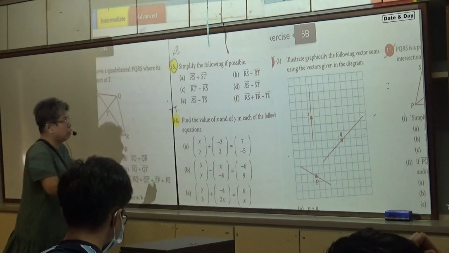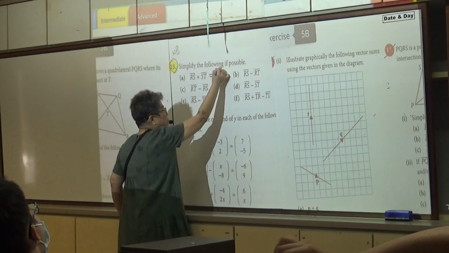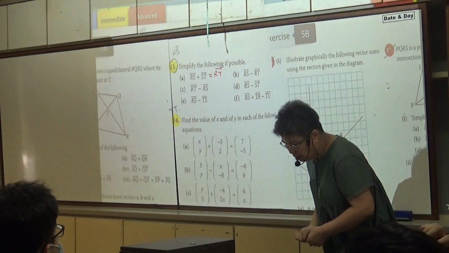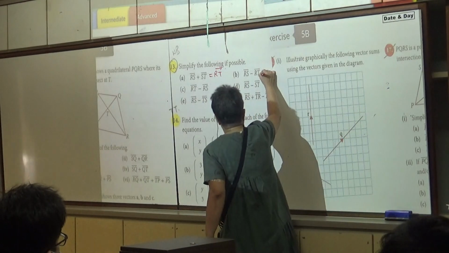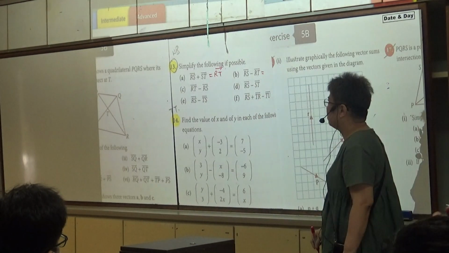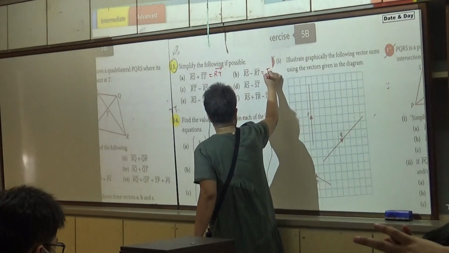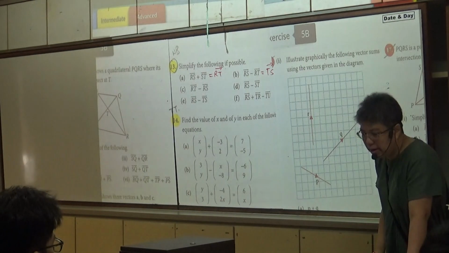Hebron, what's your A answer? RT. Must remember to write the RT. I just want to know, can all of you get RT? Okay. B. TS. Is it correct? TS is correct.